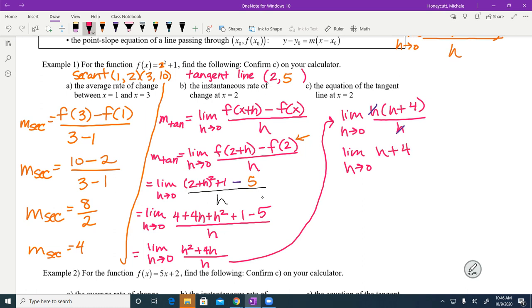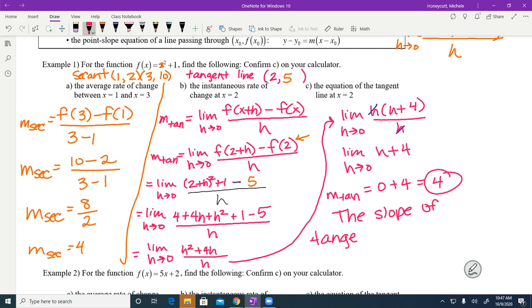And when I substitute in 0 for h, I get that the slope of the tangent line is 0 plus 4, which is 4. So the slope of the tangent line where x equals 2 is 4.